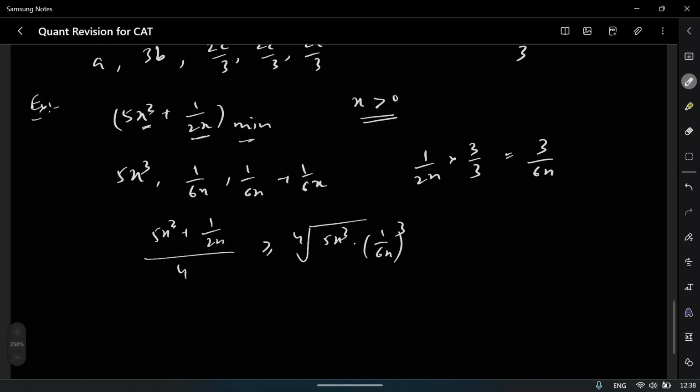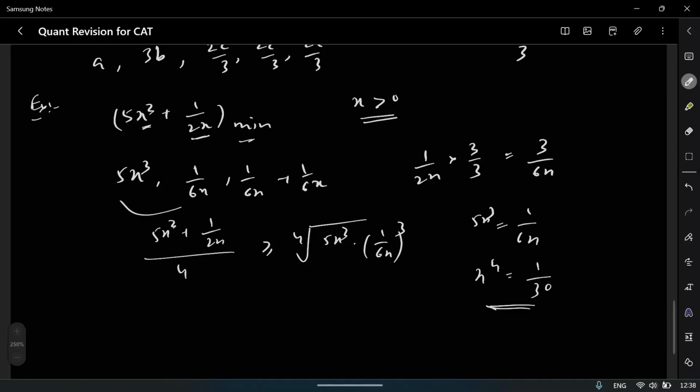You can simply use this, or else you can simply equate these two: 5x cube equals 1 by 6x. So x power 4 equals 1 by 30. From this, find the value of x and put it here also. Both will work.